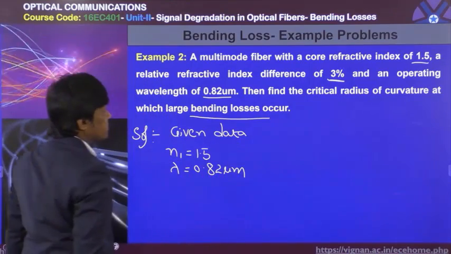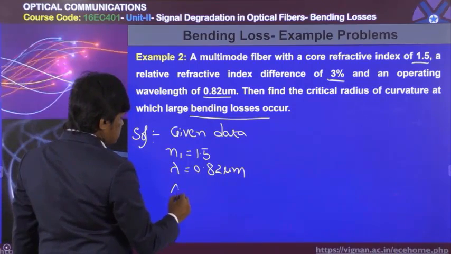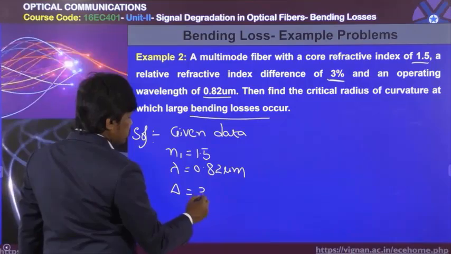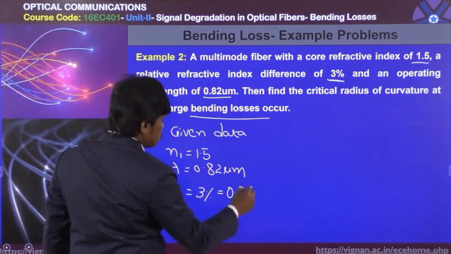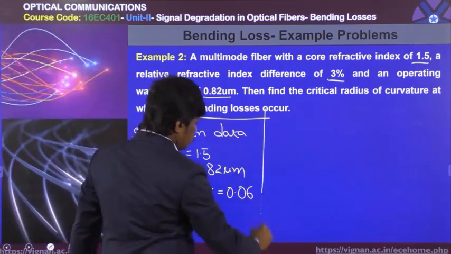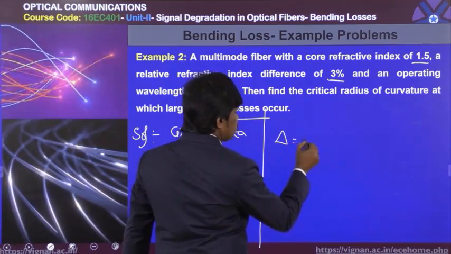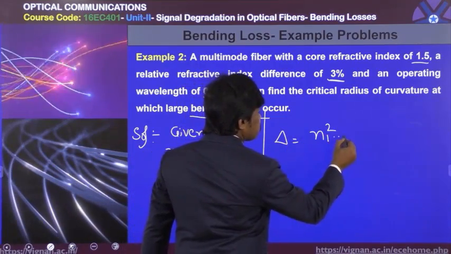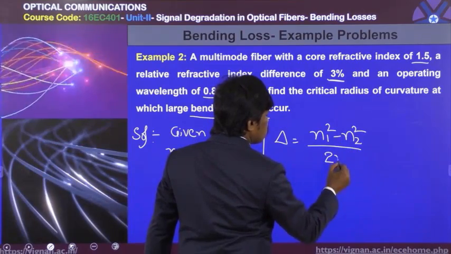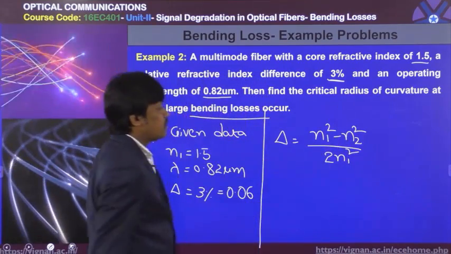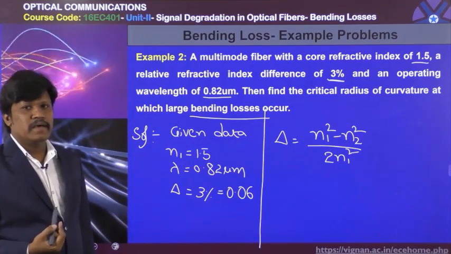The relative refractive index is 3%, that is nothing but 0.06. We know that the relative refractive index del is equal to (n1 square minus n2 square) by 2 n1 square.